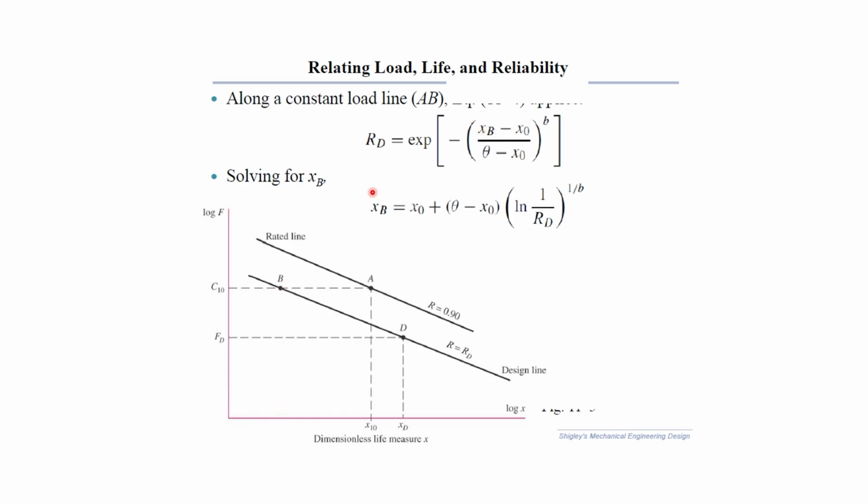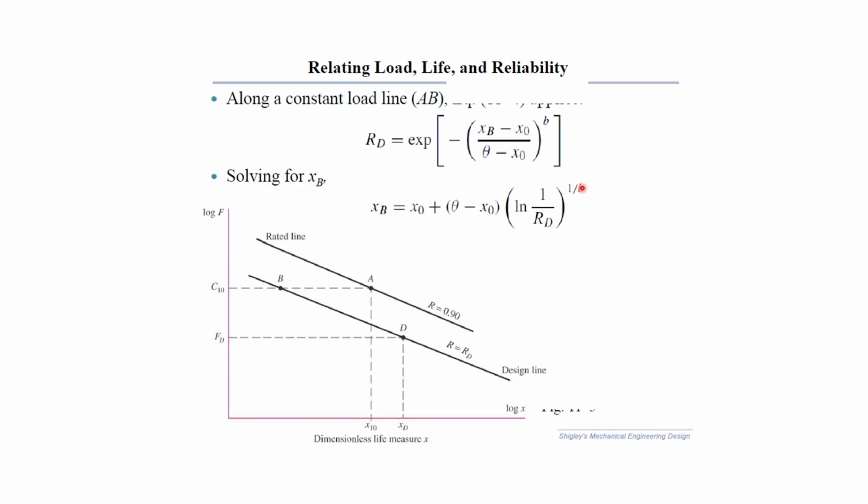So, Xb is obtained from this equation, which is equal to x0 plus theta minus x0 within the bracket log 1 upon Rd. Rd is the required reliability. In our problem it is 99% or 0.99. So, Xb can be obtained knowing the value of Rd and the variable parameters theta, x0 and b.